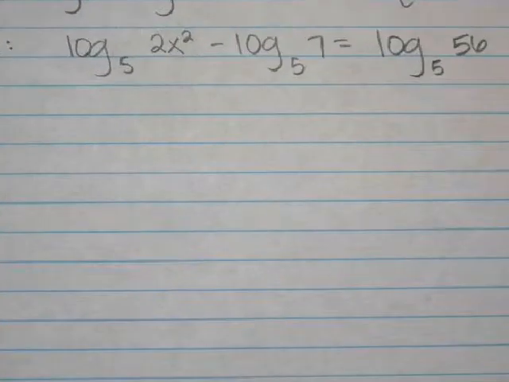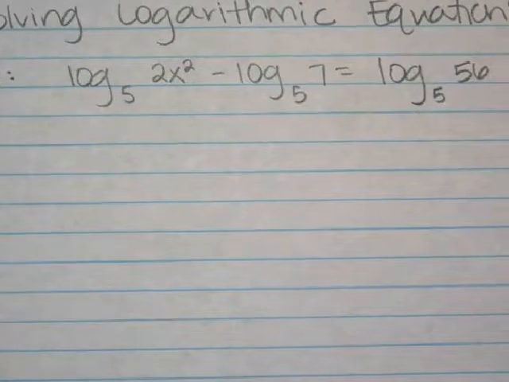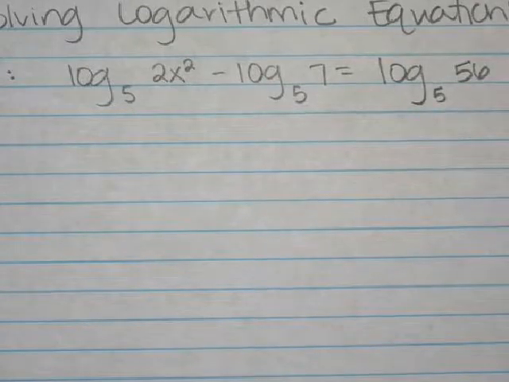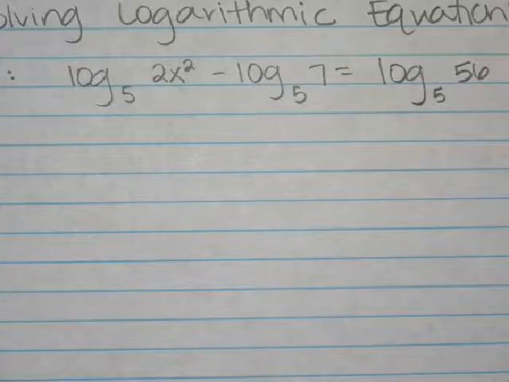So if we look through our flow chart, the first question said, is there a log in the problem? Yes, definitely. Is there a log on one side or both sides? We've got logs on both sides. We are only allowed to have one log on each side. Is that happening in this problem?